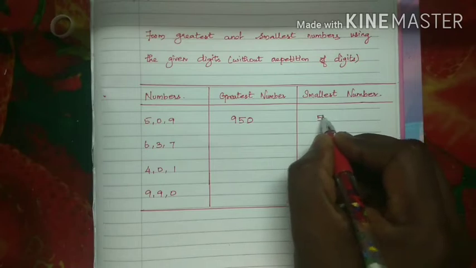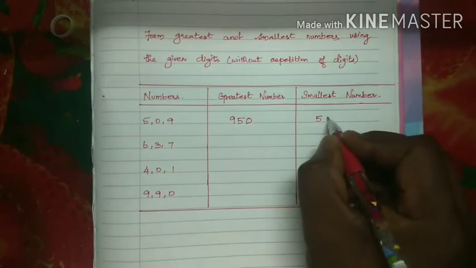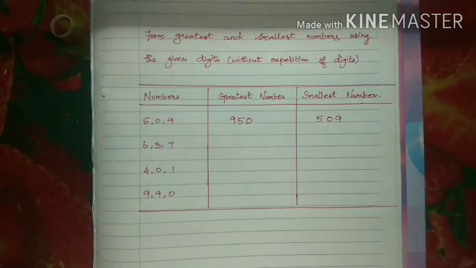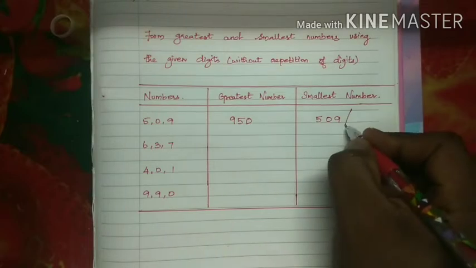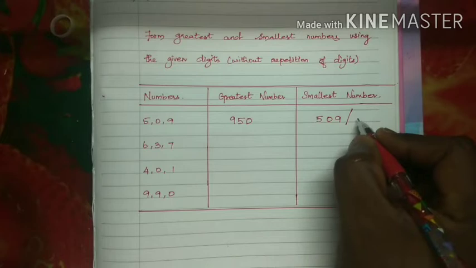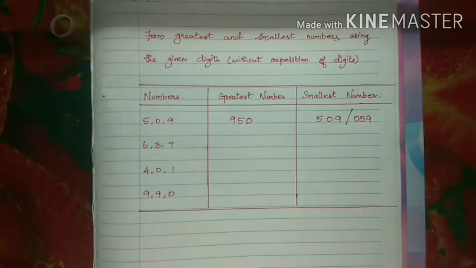Put 5. Then 0, then 9. The smallest number can be 0 smaller, 5 smaller, 9: 509, not 059.